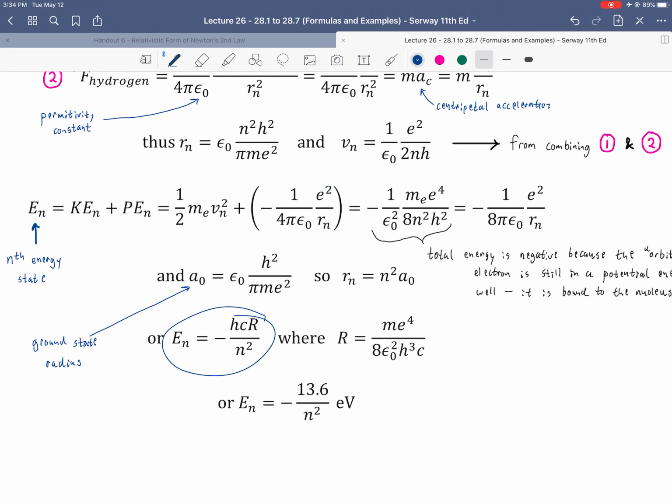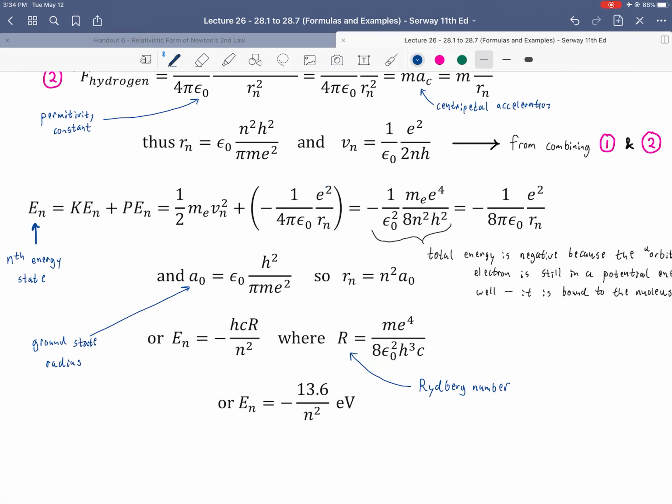You can see this because energy is inversely proportional to n squared. And then we can also express the nth energy state in terms of R. Well, what is R? R is the Rydberg number. The reason we might express things in terms of the Rydberg number is historical: it was an empirical fitting constant discovered through experimentation well before the Bohr model was theorized.